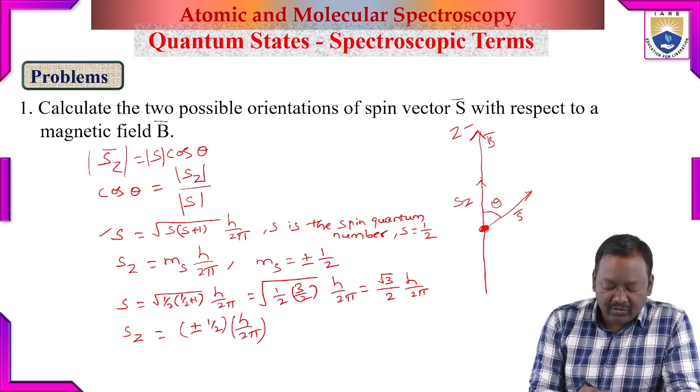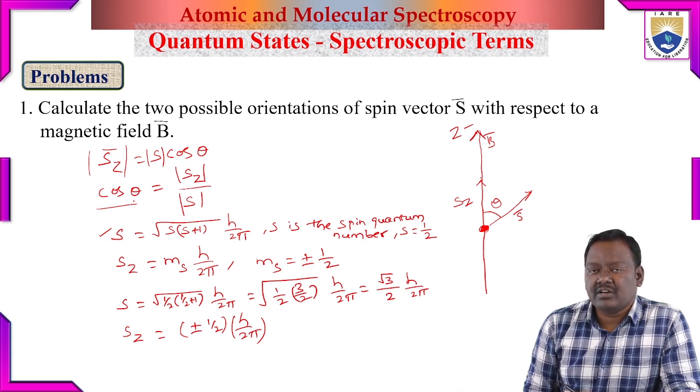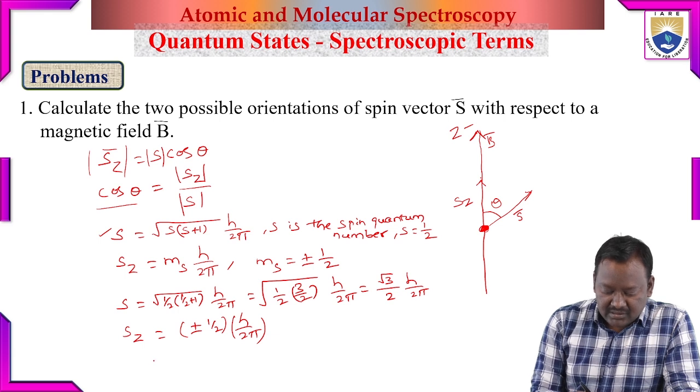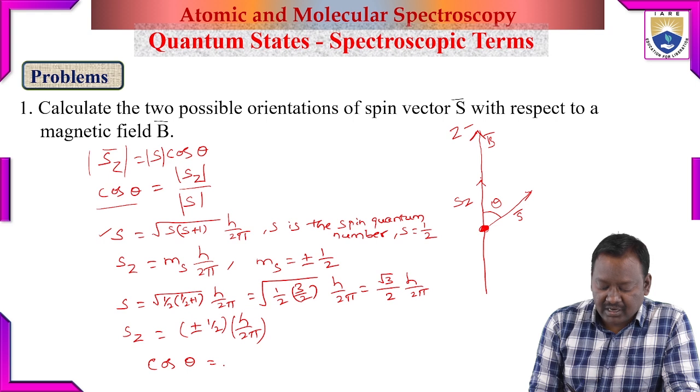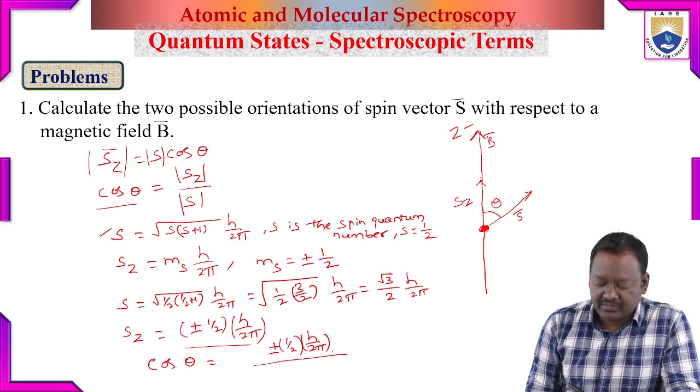In order to find the angle between the vector S bar and Sz, we find cos theta. Cos theta is Sz divided by S: plus or minus 1 by 2 h by 2 pi, divided by the magnitude of S, which is square root of 3 by 2 h by 2 pi.